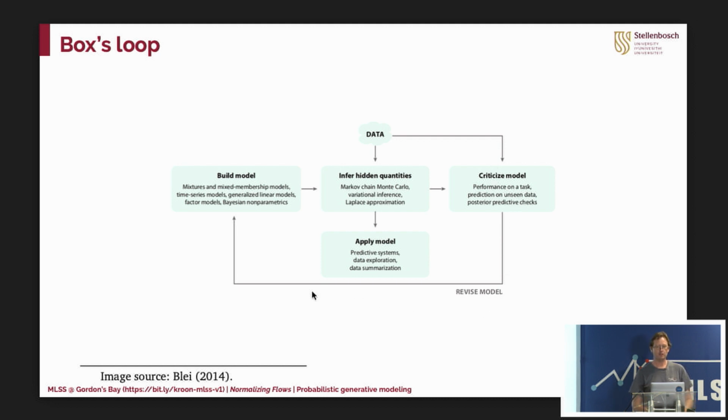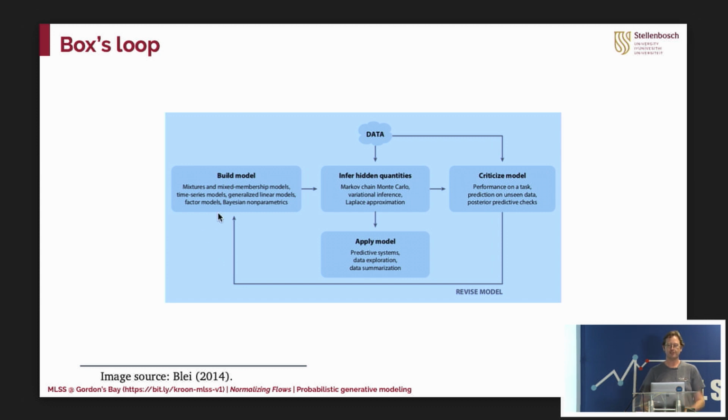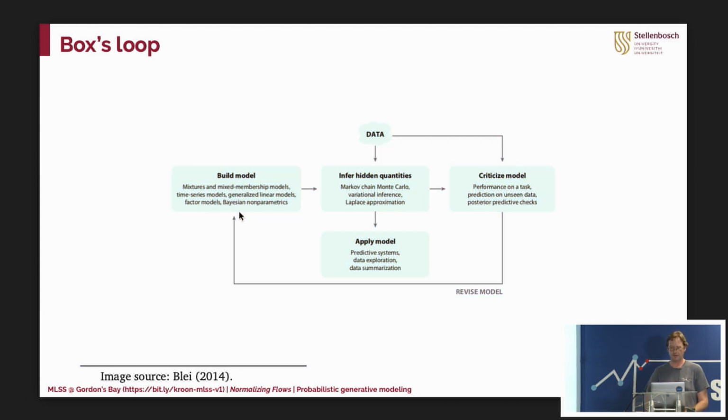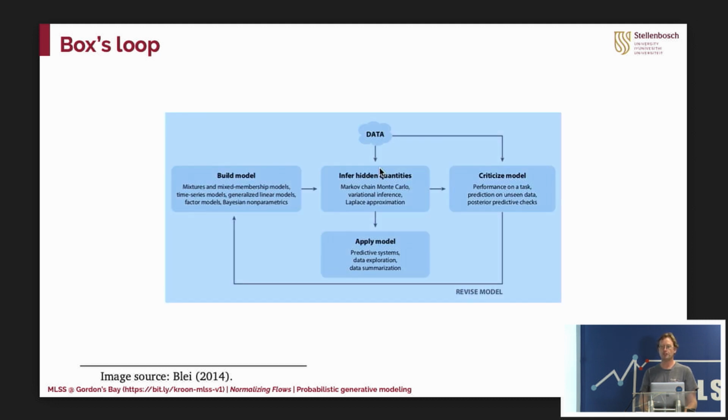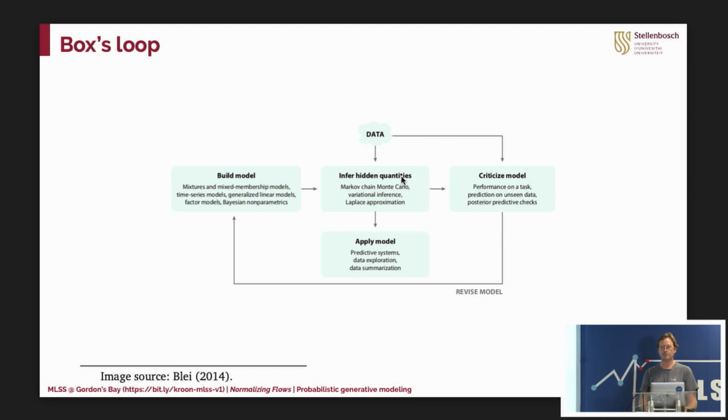This leads to a case where we might want to revise or change our model, and then possibly update our hidden quantities. Also, there can be situations where new data is coming in all the time, and we want to continuously update these quantities and continuously critique the model. So that is the context that we have.